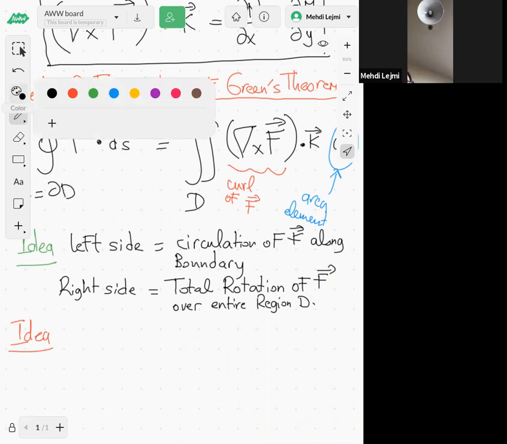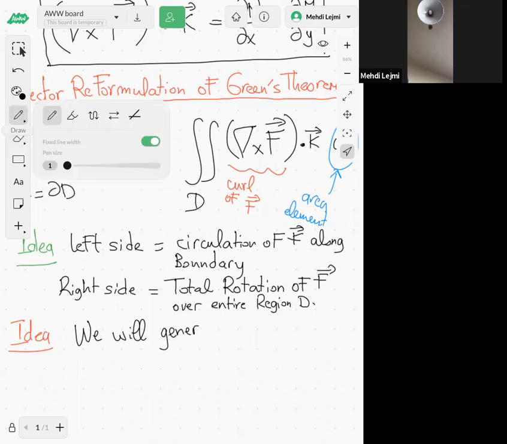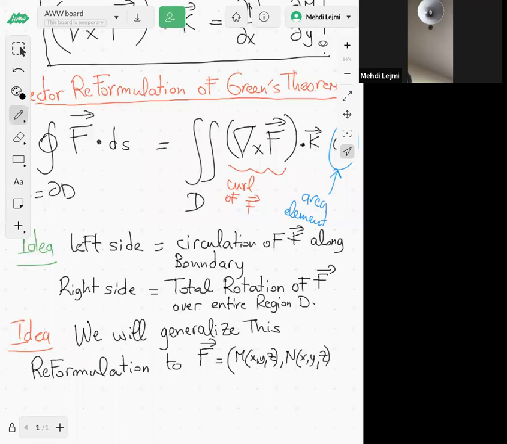We're going to generalize this reformulation to F having 3 components, M(x,y,z), N(x,y,z), and L(x,y,z).